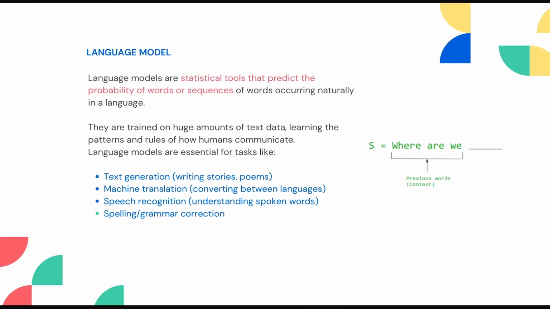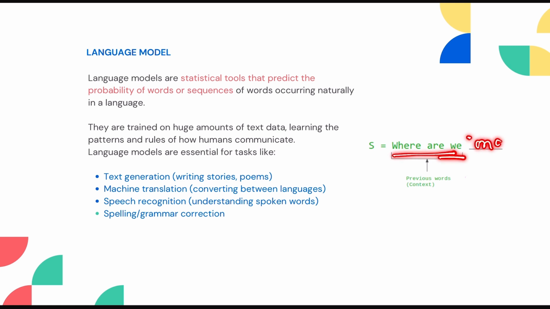Coming back from model to large language model, let's first understand the language model. Language models are statistical tools that predict the probability of a word or a sequence of words occurring naturally in a language. So when I say "where are we", what is the next word?